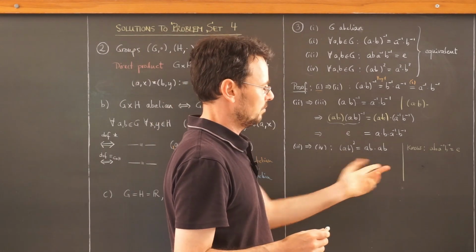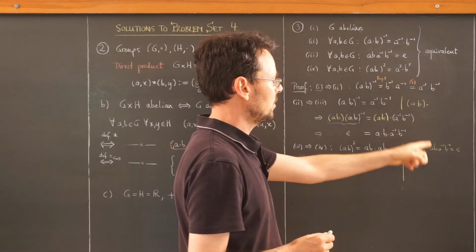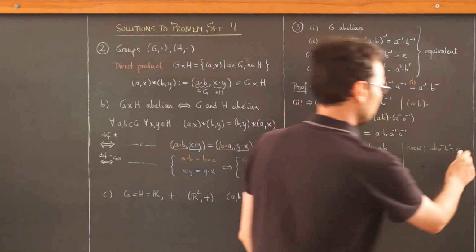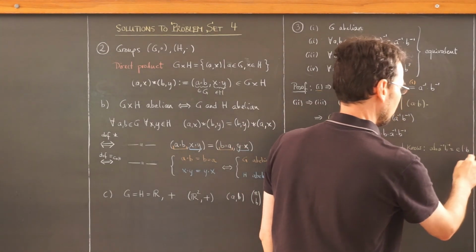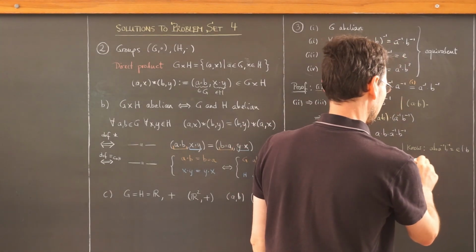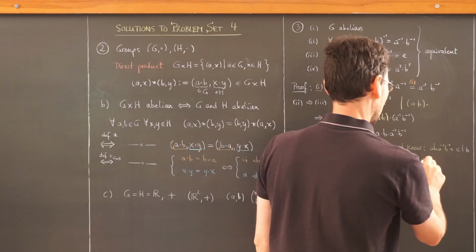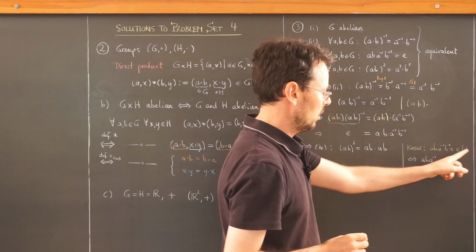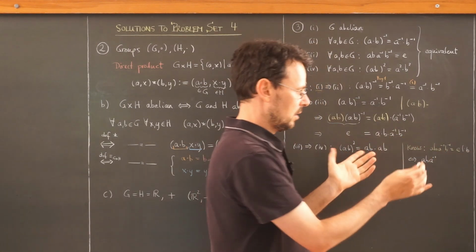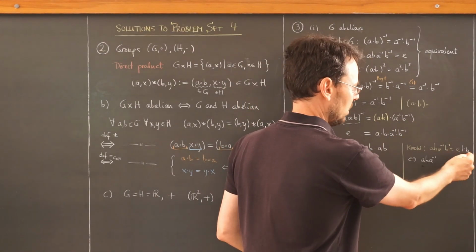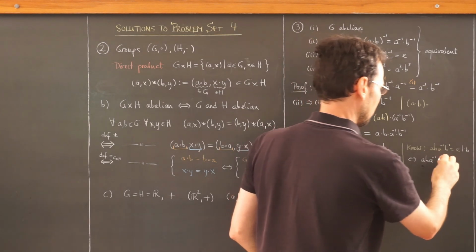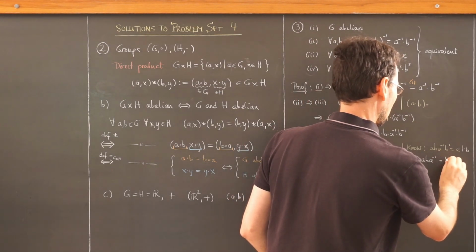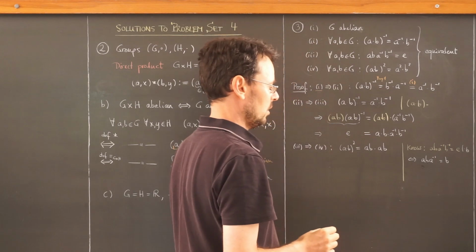So, all right, we know that this here is true. If I multiply that from the right with B, I end up with, here, by associativity, I can drop the parentheses, and B inverse B gives me the identity, which I can leave out.